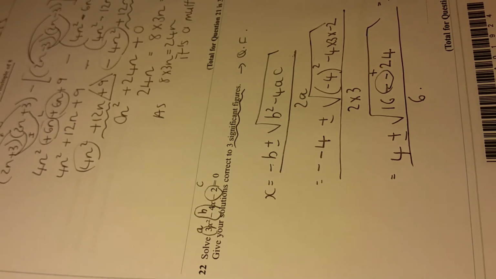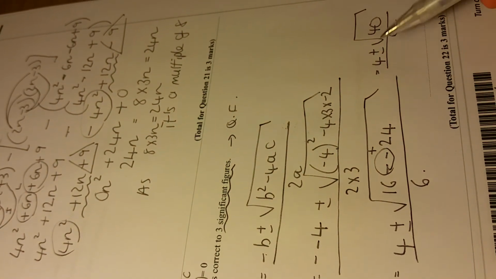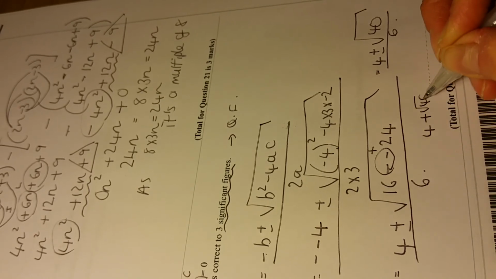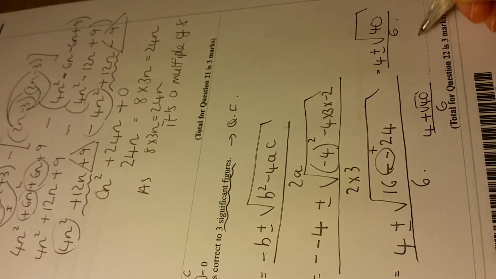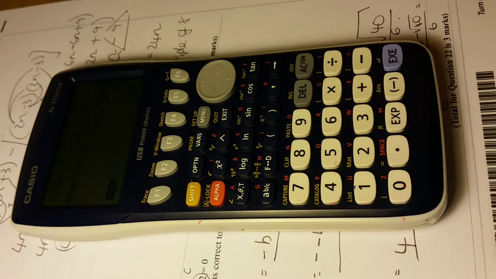So you've got 2 solutions. You've either got 4 plus root 40 all over 6, or you've got 4 take root 40 all over 6. Remember, 3 significant figures. Don't do all the hard work and then forget the last bit.